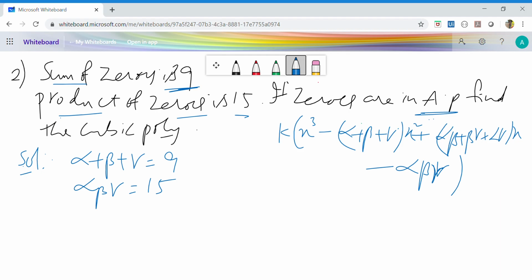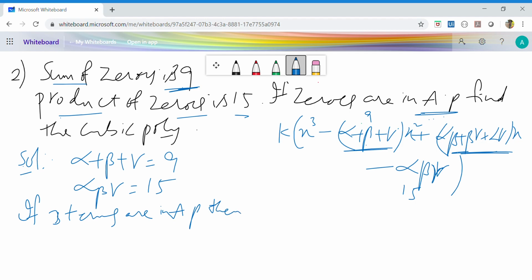So here what do you have? The sum of zeros, you can replace with 9. And the product of zeros, 15, you have. But what about this? That's why they have given the condition AP. So if three zeros are in AP, how to consider three terms in AP?